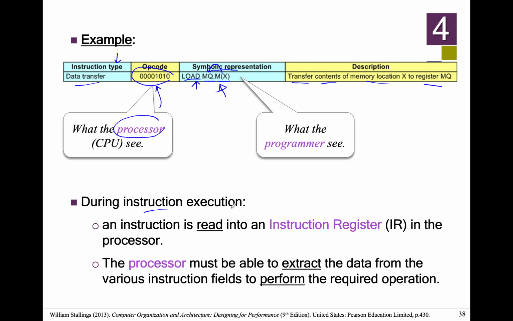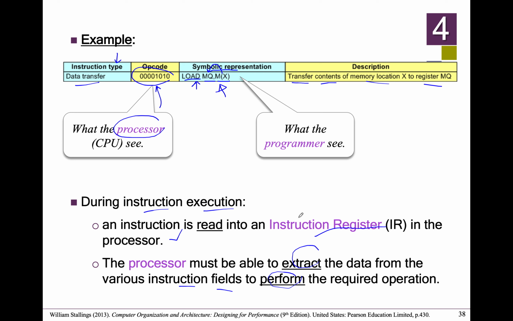During the instruction execution, when you want to execute the source code for your programming, an instruction is read into the instruction register. So this is what happens in the processor. The processor must be able to extract the data from various instruction fields to perform the required operation.